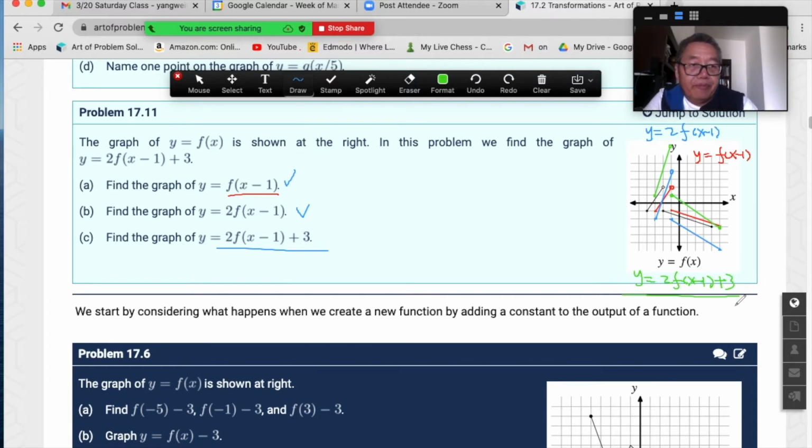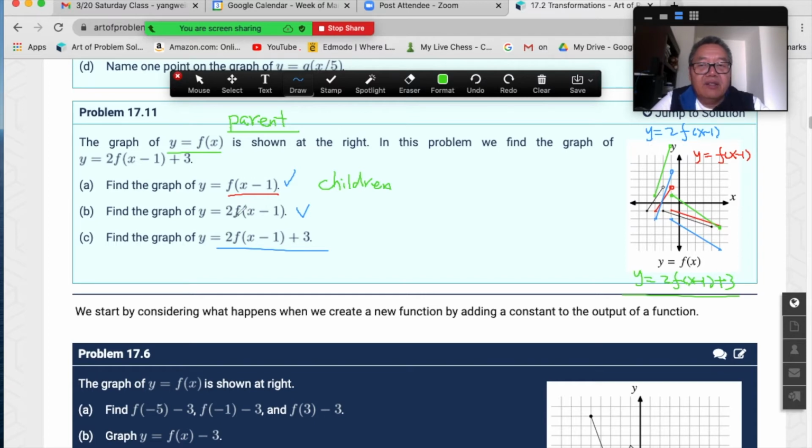You can see, we can call y equals f(x) the parent function. We start from this function, then first we shift right 1 unit, we get this one. This is called the children function, because this function is produced from this one.